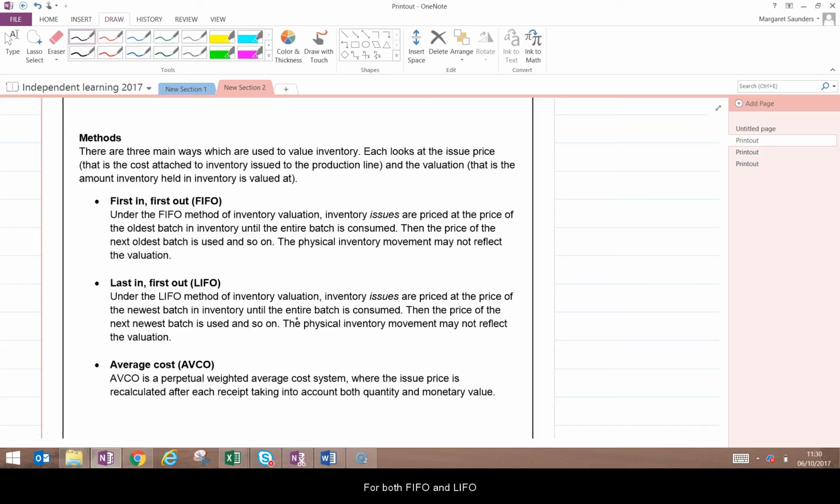Now, for both FIFO and LIFO, important to remember that the physical inventory movement may not reflect the valuation.